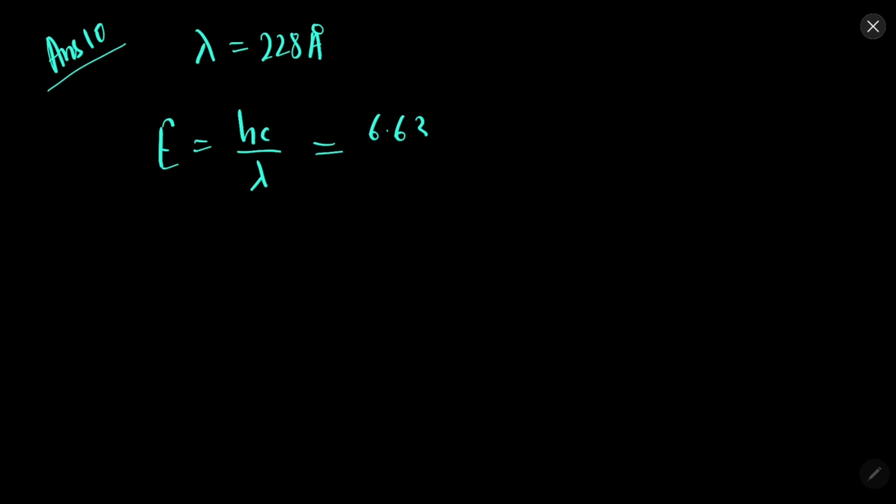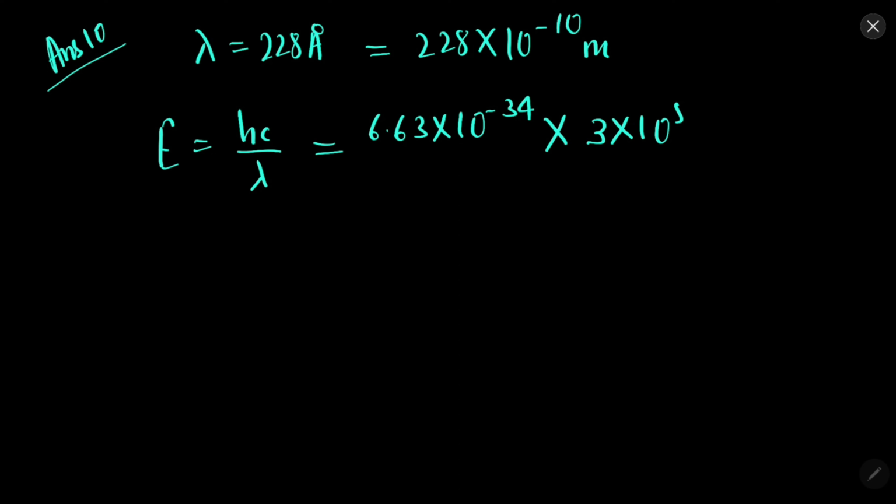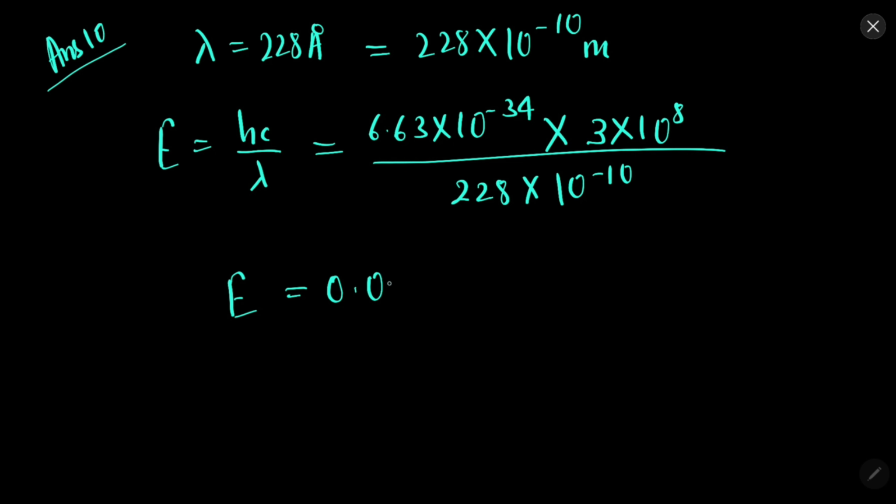So 6.63 into 10 to the power minus 34 into 3 into 10 to the power 8, which is the speed of light, over the wavelength 228 into 10 to the power minus 10 meters. So energy will come out to be 0.0872 into 10 to the power minus 16.